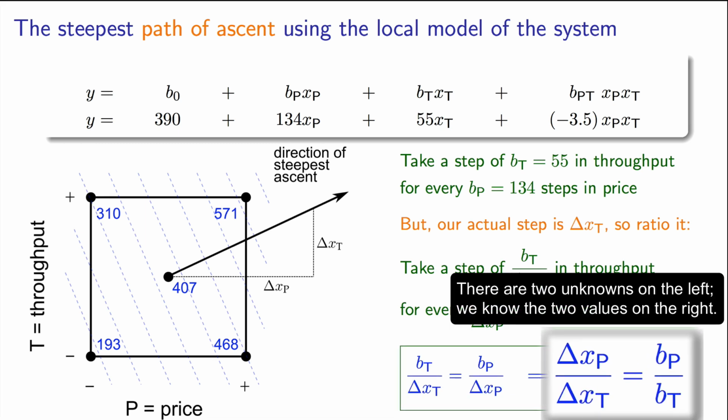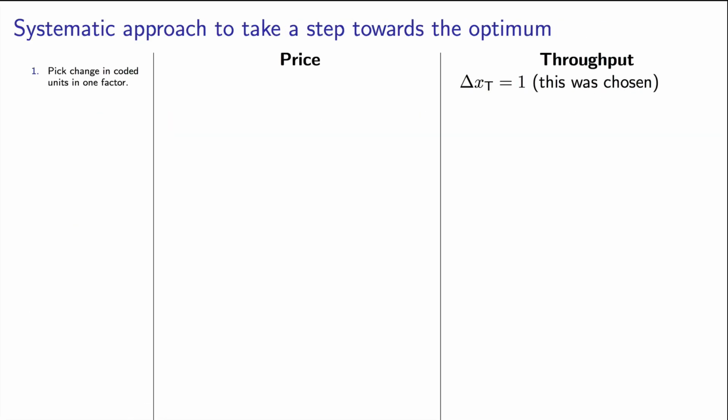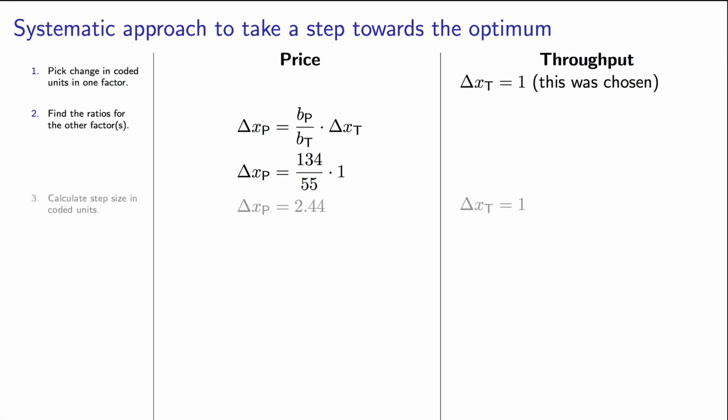To use this equation, we pick either the change in P here in the numerator and solve for the denominator change in T. Or we can pick the denominator change and solve for the numerator. Either approach works. I'm going to pick a change in T and increase it by 1 coded unit from the baseline. So then, the change in coded units for P is 134 divided by 55 times 1.